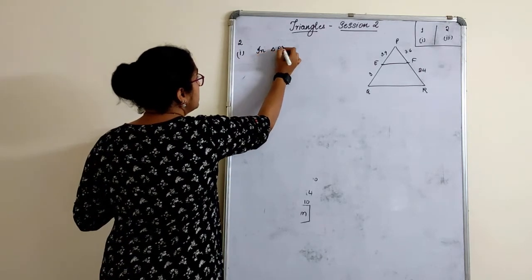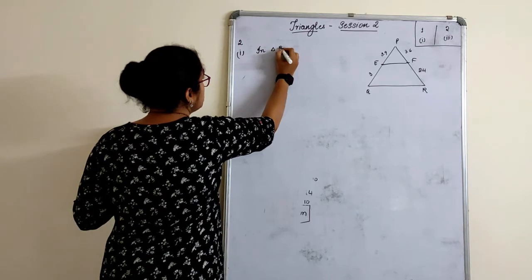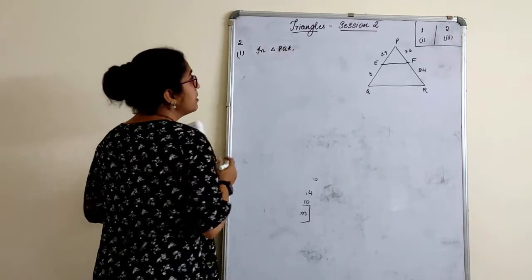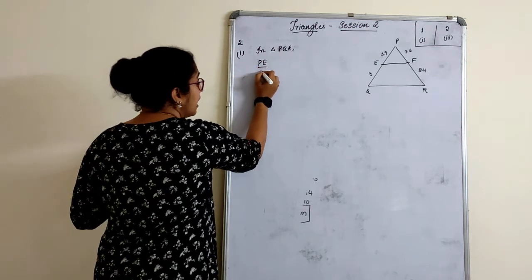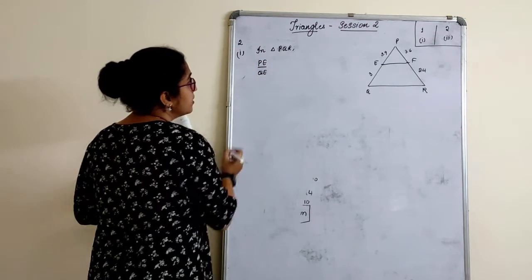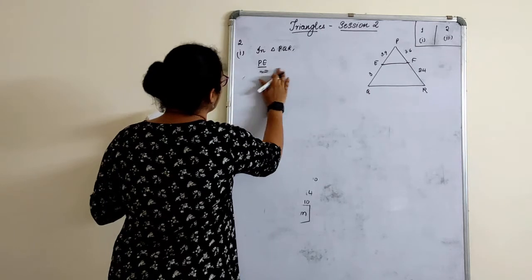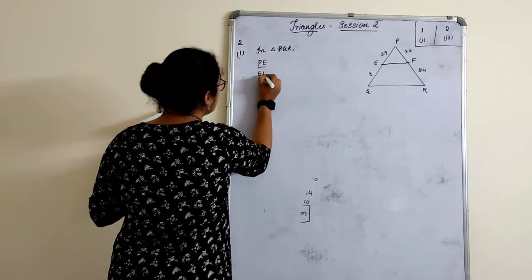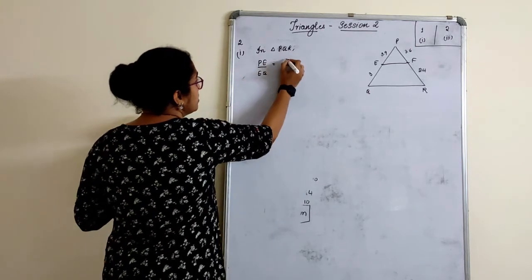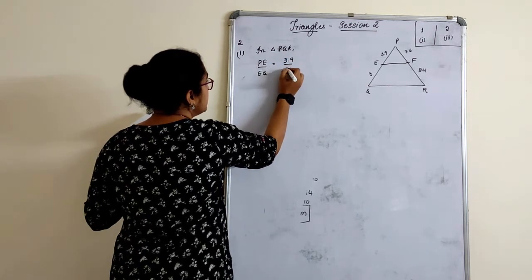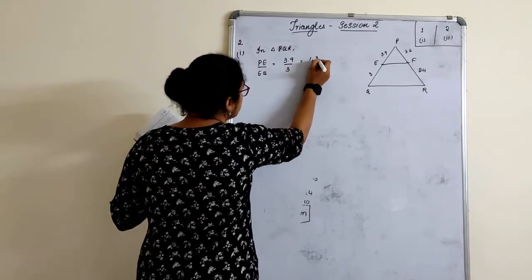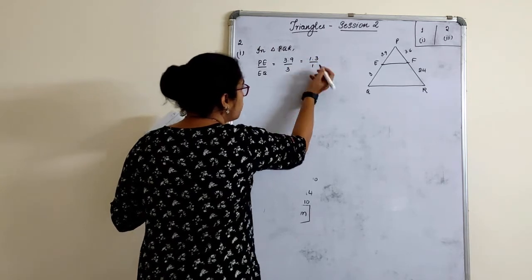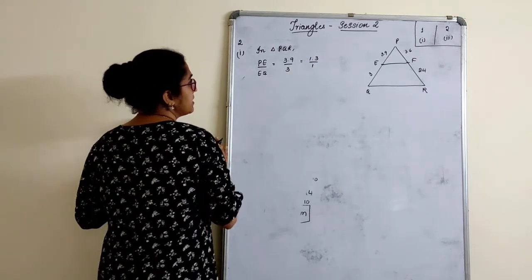In triangle PQR, let me write the proportional sides first. PE upon QE. EQ they have mentioned, EQ. Find what it is. 3.9 divided by 3, so 3 ones are 3. So it is 1.3 by 1 you can consider. Keep this as it is.